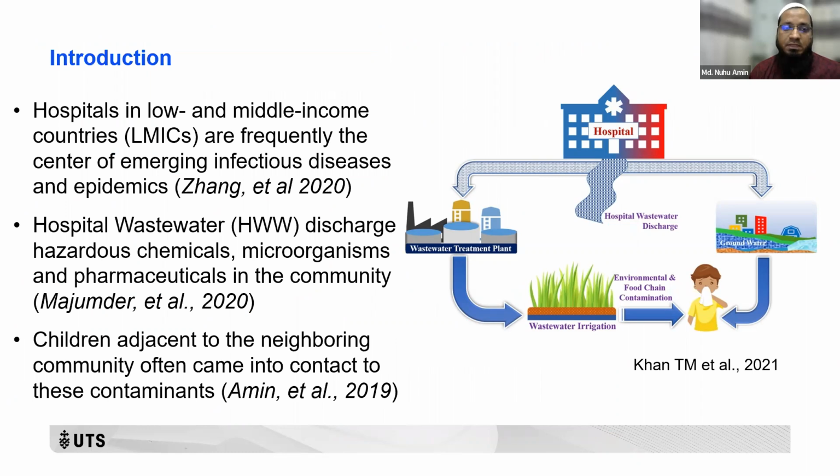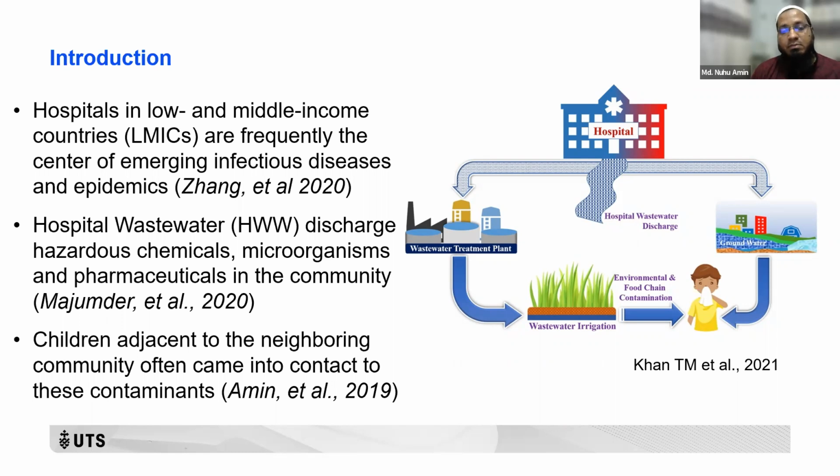So in the introduction, as you know, hospitals in low and middle income countries remain the epicenter for emerging infectious diseases and epidemics. Studies found that high concentrations of hazardous chemicals, microorganisms, and pharmaceuticals are discharged from hospital wastewater very frequently. In this diagram, you can see that hospital discharge in high-income countries usually goes through a dedicated wastewater treatment plant and then is discharged to the environment.